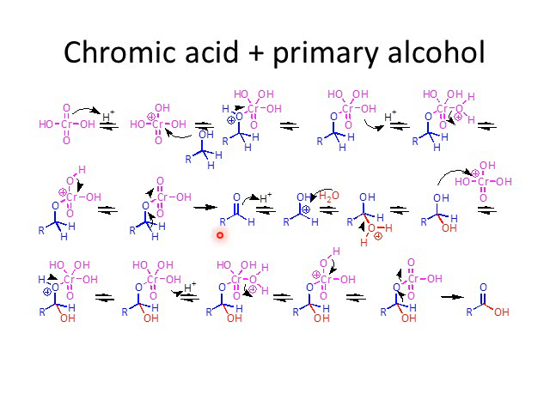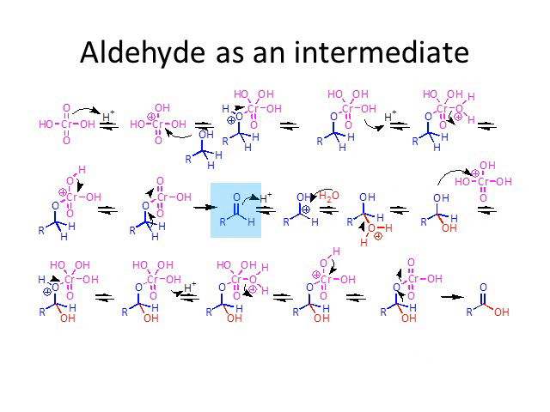What about this? What if we just started with this? If I start the ball at the top of the hill, it'll roll to the bottom. But what if I started halfway down the hill? If I set the ball halfway down the slope, it's still going to roll down to the bottom, because this, in the presence of wet chromic acid, will go on and do all these steps.